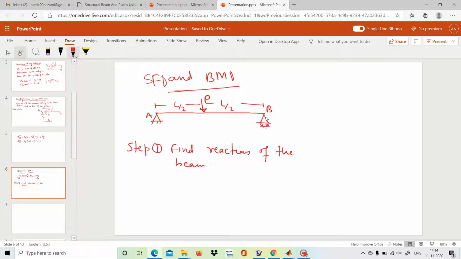How will we find the reactions? We have equilibrium equations. First we will see whether it is a determinate structure or not. We know that a determinate structure.